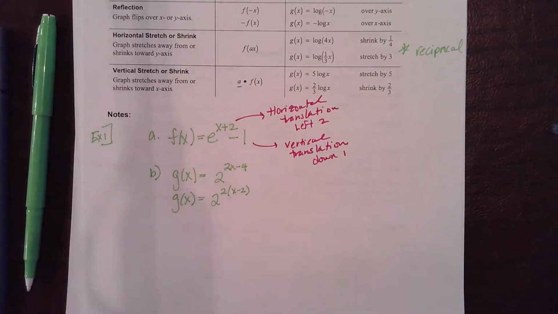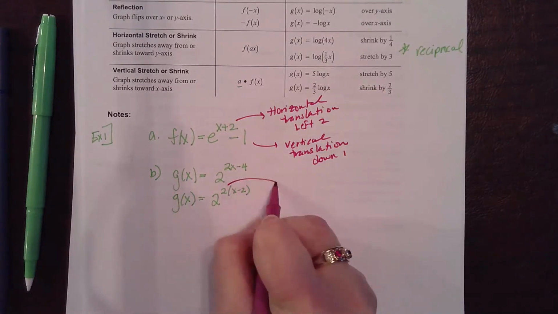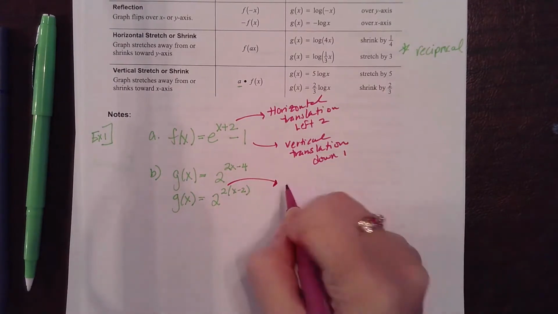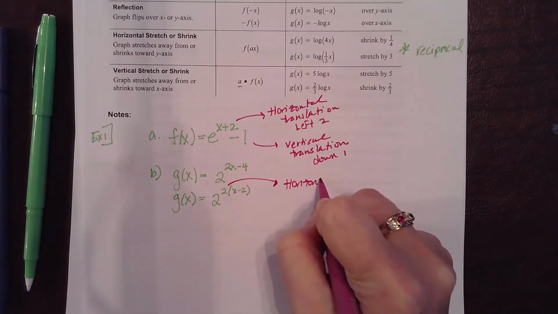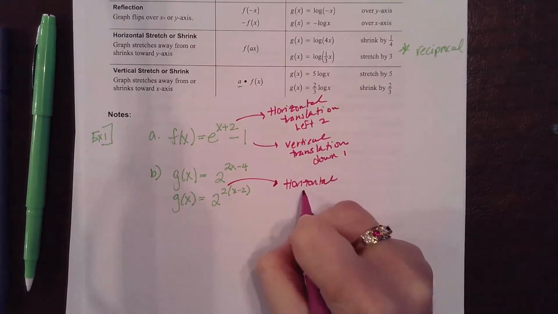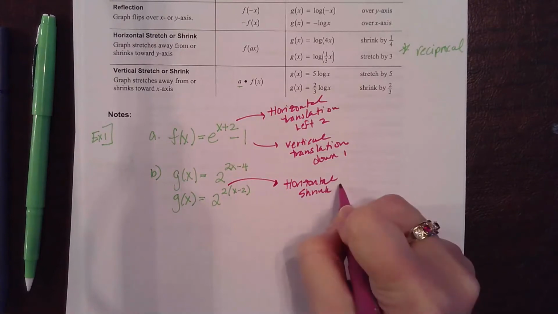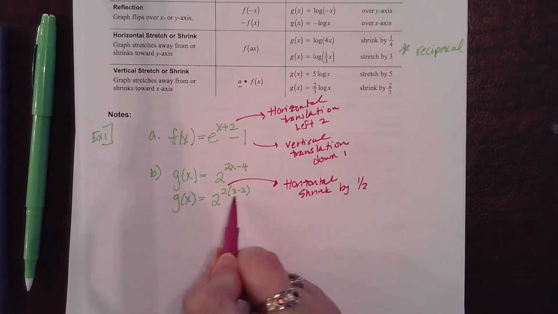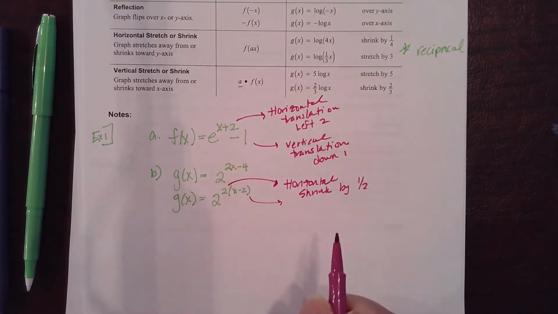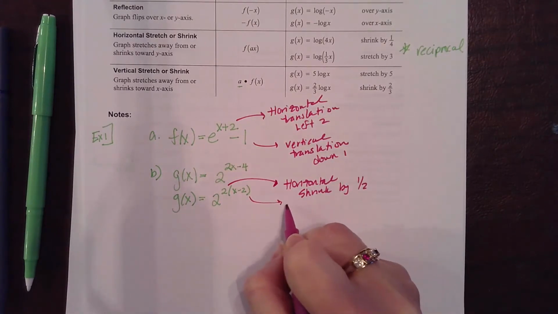So what this does is this 2 is a horizontal shrink by 1/2. And the minus 2 here causes my graph to move, so I guess it would be a horizontal translation.